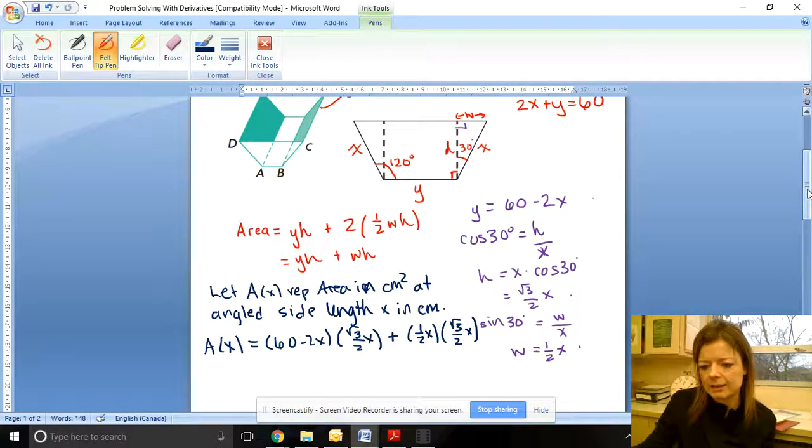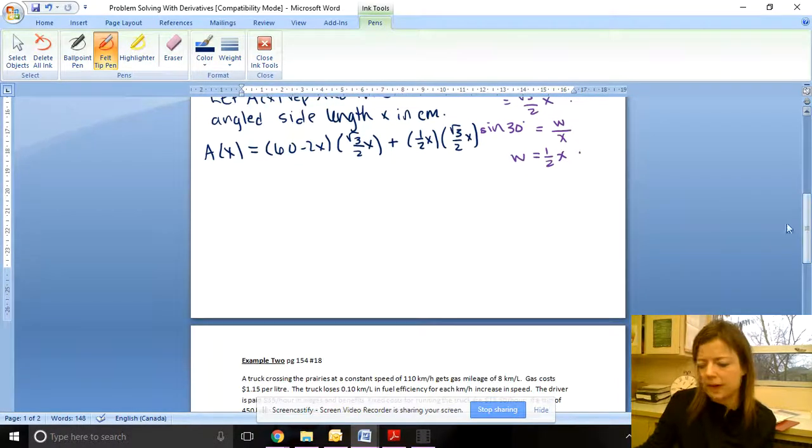Okay, and we have our function here. So what are our restrictions? Don't forget those. Our restrictions are x has to be between 0 and 30, since the whole thing was 60 long.